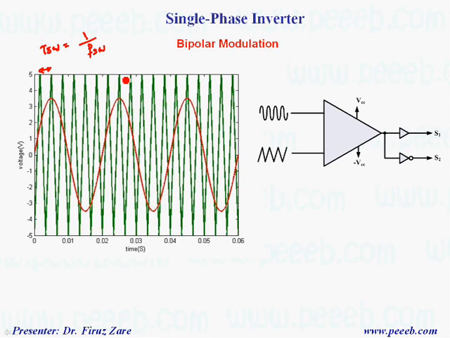So by increasing the switching frequency, we can change the frequency and RMS of the output voltage. In the control section, we compare a sine wave with a triangular voltage waveform, and then we get gate signals for different switches. Not only can we improve the quality, but we can also control the frequency and magnitude of the output voltage.